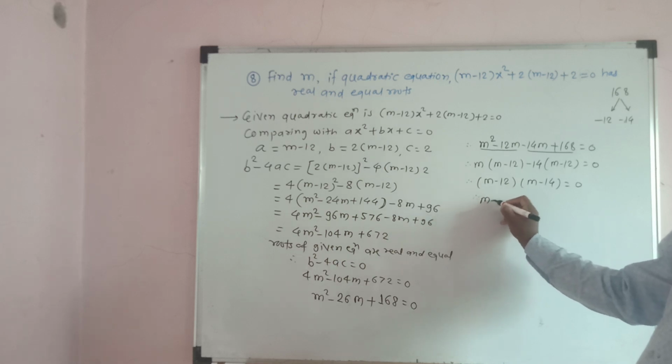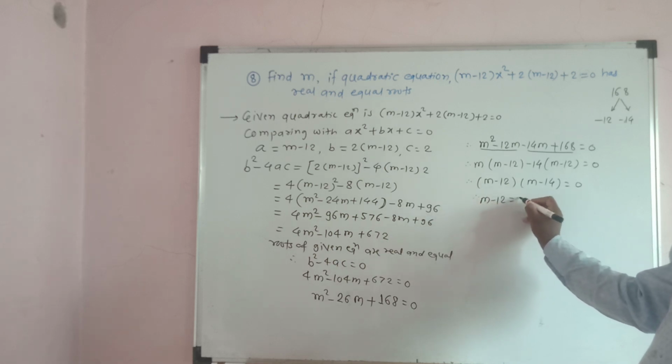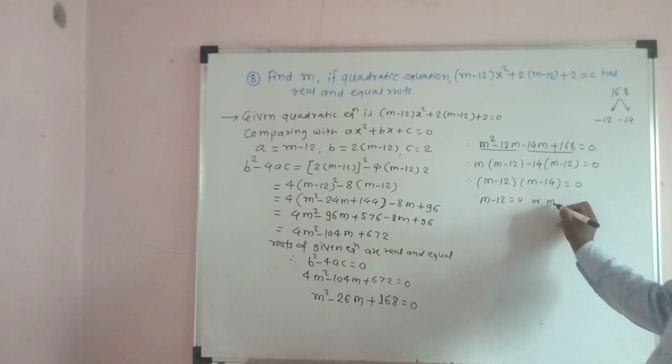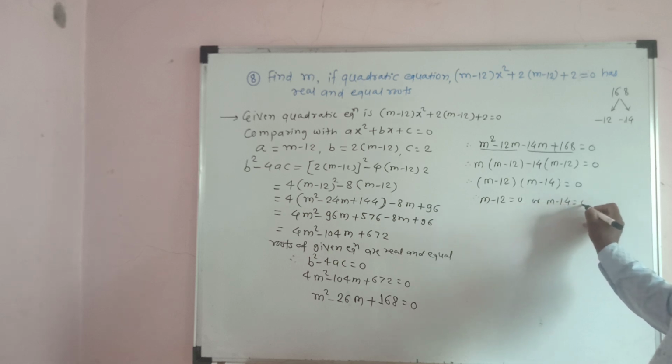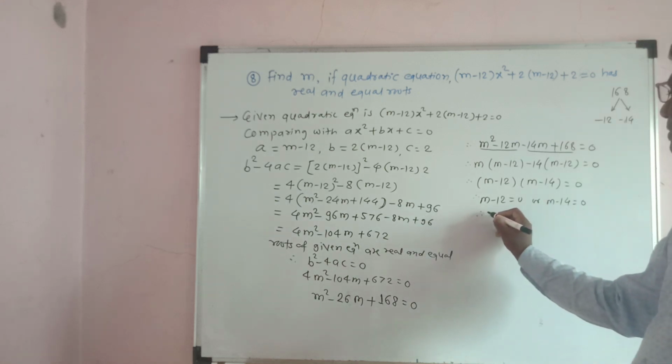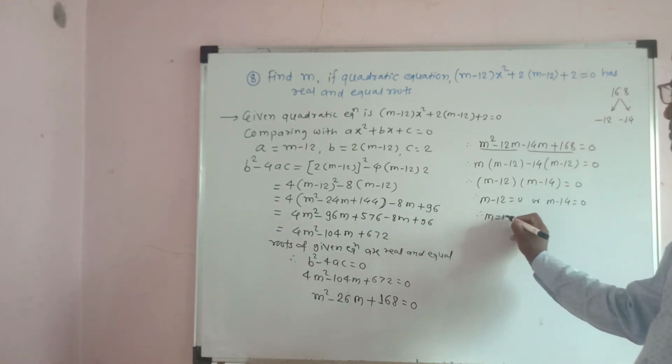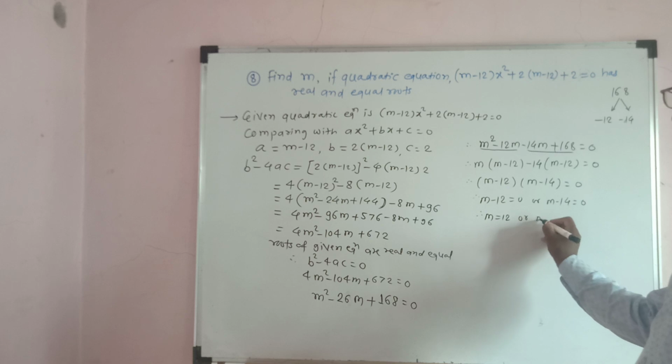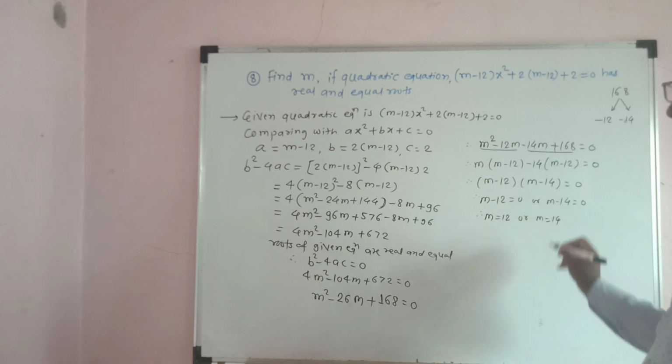Therefore m − 12 = 0 or m − 14 = 0. Therefore m = 12 or m = 14.